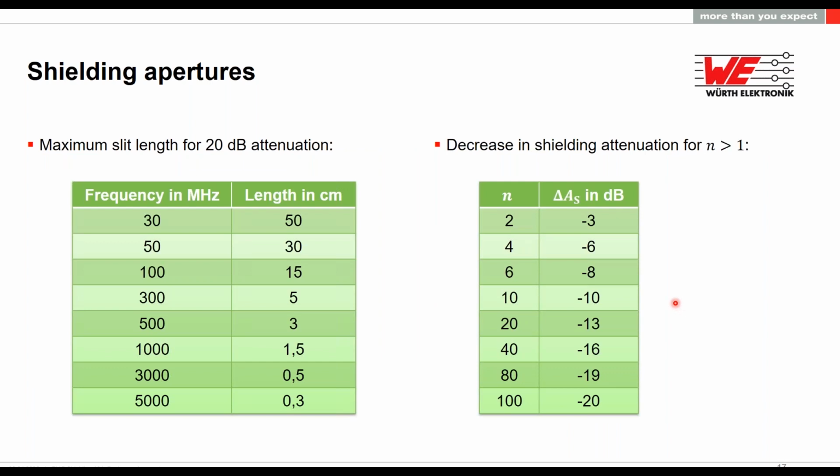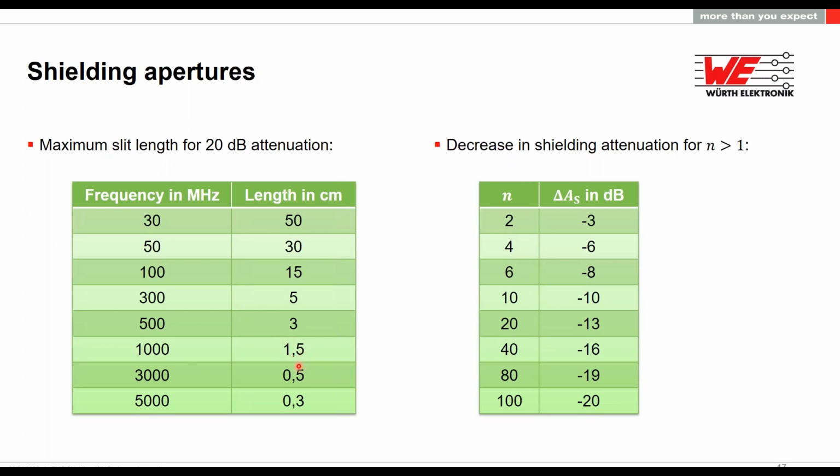As a reference, we can use these two tables. These are very useful. Here we are calculating for 20 dBs of attenuation at different frequencies the maximum length in centimeters needed to achieve at least 20 dBs of attenuation, which we said before is considered good shielding. So when we have, for example, 1 gigahertz, the maximum length for a slit or aperture should be around 1.5 centimeters.